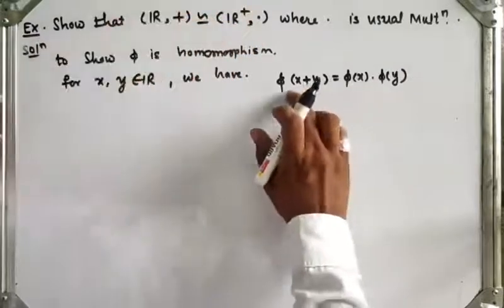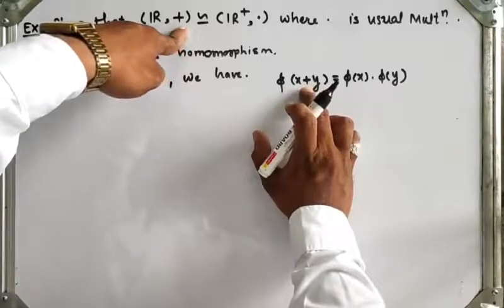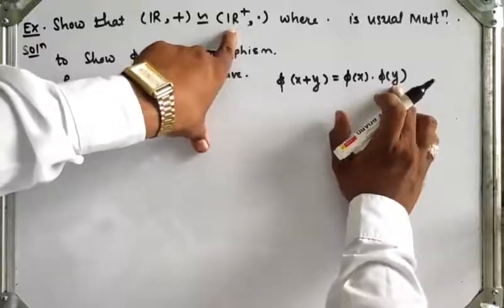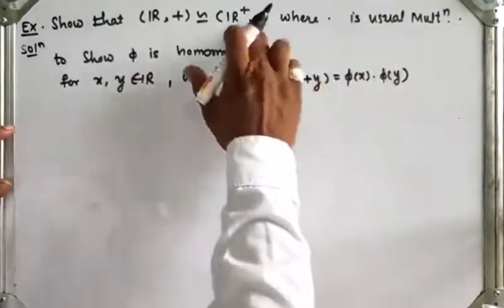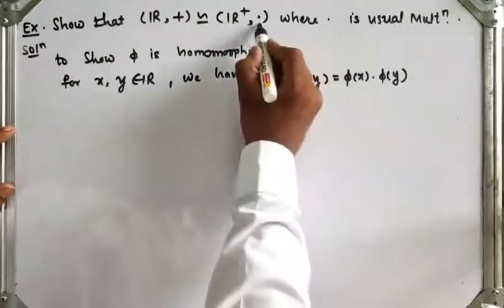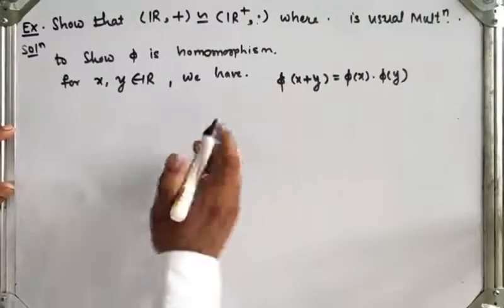Here on the left it is the addition operation, so phi of x plus y is an internal binary operation. On the right, phi of x into phi of y, if we had addition it would be phi of x plus phi of y, but here it is multiplication, so we have to show these two sides are equal.